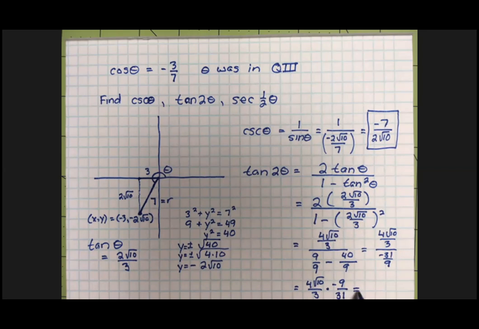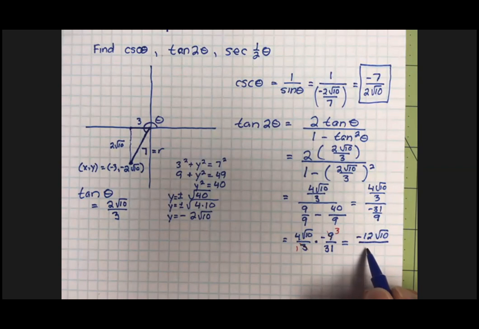There's very little canceling here. I get to cancel between the 9 and the 3. I guess I could cancel one factor of 3 right there. But when I multiply these out, what do I have? Negative 3 times 4, negative 12 root 10, divided by 1 times 31.